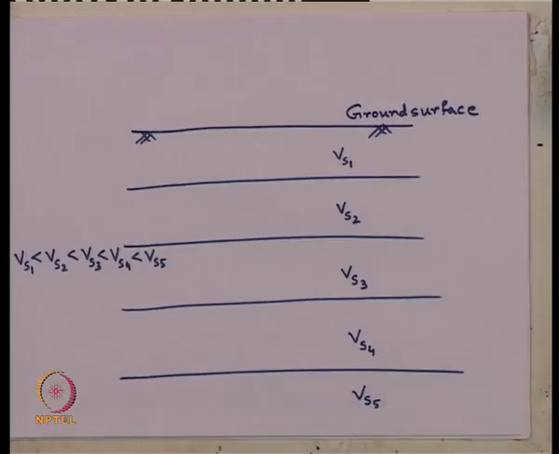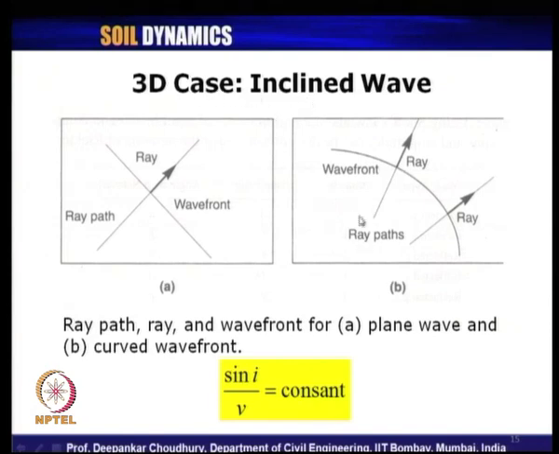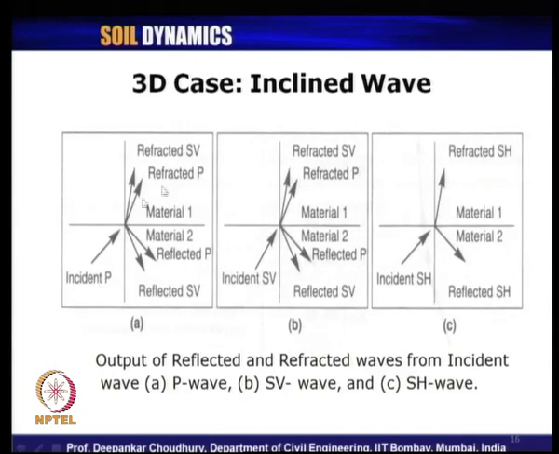Now, what we have seen in the previous lecture is that in the case of a 3D inclined wave, when waves are traveling, they must follow the conventional Snell's law, that is, sin I, where I is the angle of incidence with respect to the vertical, divided by v, the velocity of the wave in that particular media, has to remain constant. When an inclined wave hits an interface between two materials 1 and 2, an incident P wave can generate reflected P and reflected SV waves and transmitted SV and transmitted P waves in the other material.